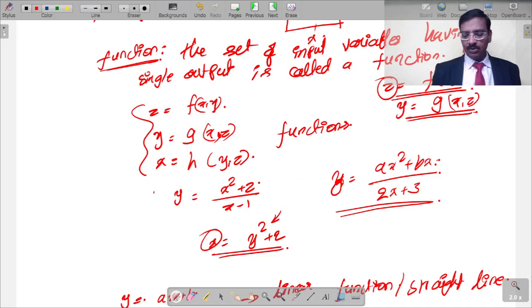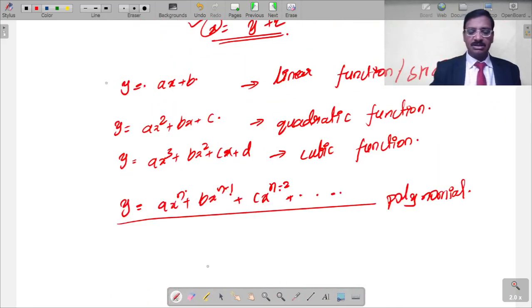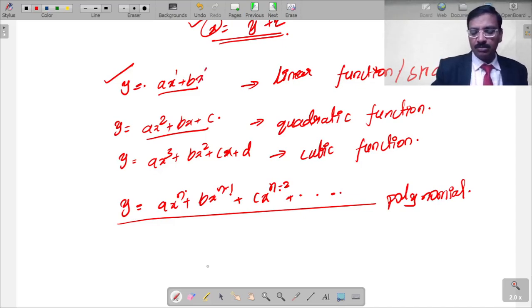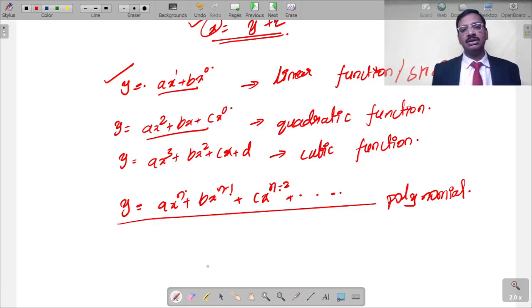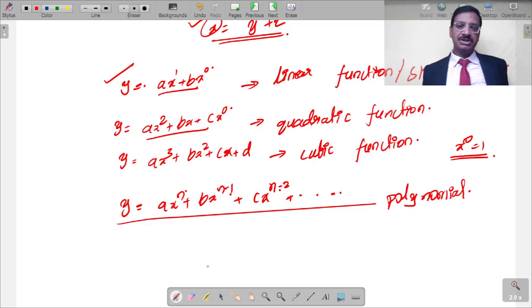But when compared to these functions, the polynomial is in a systematic way. y is equal to ax plus b, the x power 1 term is there, and y is equal to ax square plus bx plus c, so x power 2 term, x power 1 term and x power 0 term. Here there is nothing written, but the x power 0 term is there, because x power 0 is 1, so we don't need to mention it explicitly, right?